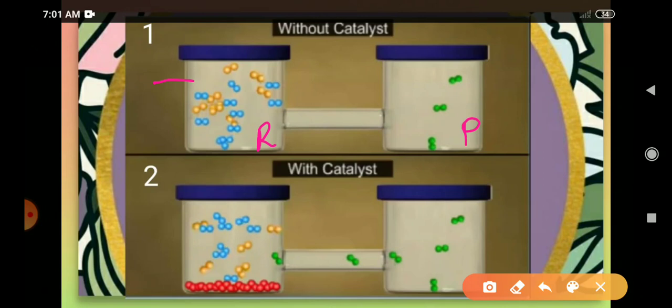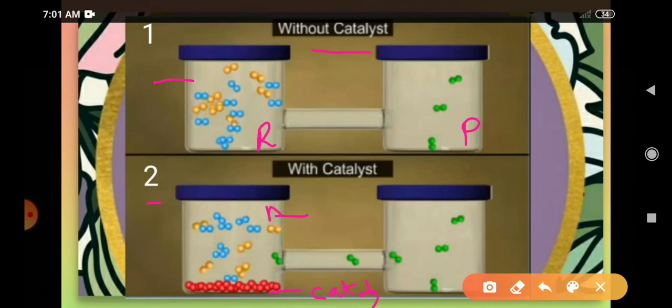The product is shown with green color. That is a reaction taking place without the catalyst. The same reaction in the second case: the yellow and blue are the reactants, and the red color is shown as the catalyst.